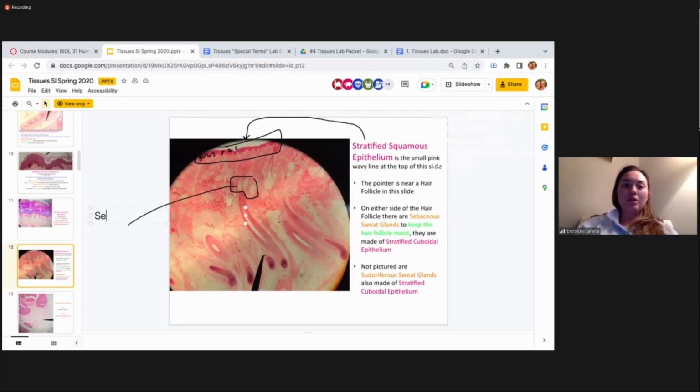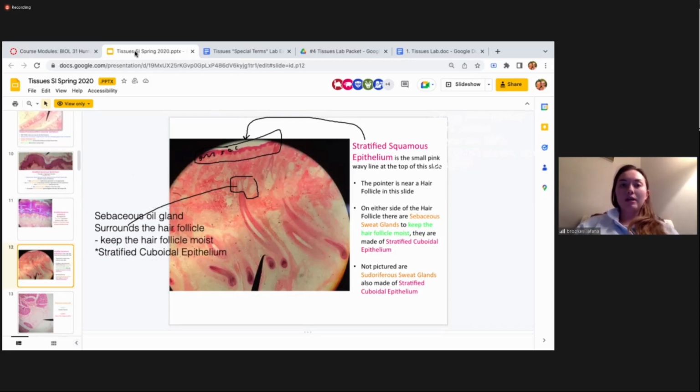The sebaceous oil gland surrounds the hair follicle, and it basically puts out oil to keep it moist. So the function is to keep the hair follicle moist. What type of tissue is it? If on your exam we were pointing to it, what type of tissue is it? It is stratified cuboidal epithelium, right?